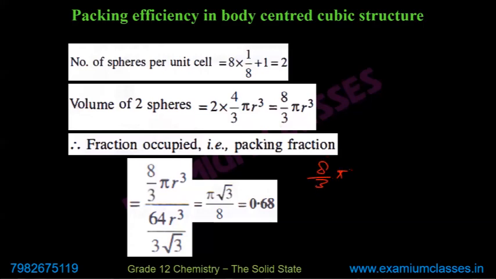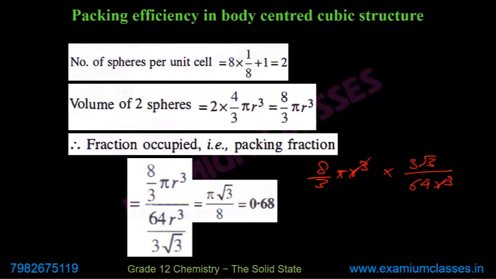8 by 3 pi r cube divided by 64 r cube by 3 root 3. Okay, it was 8, not 16. Okay, that's why. It will be 3 root 3 divided by 64 r cube.